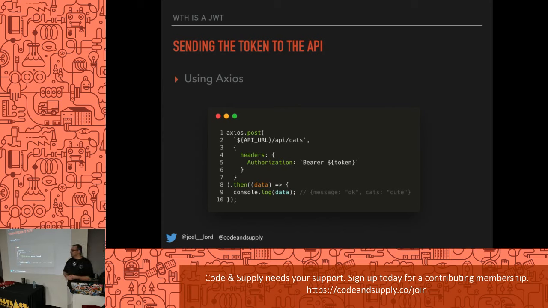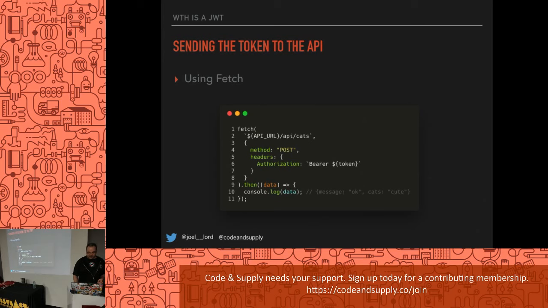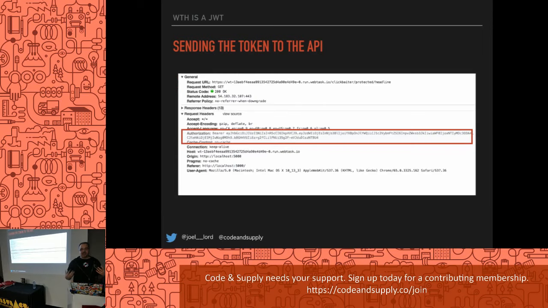It's very, very simple to add to all of your outgoing requests. If you're using the fetch command, which is now part of most browsers, it's pretty much the same thing. You simply add a new header. You say authorization, bearer token, same thing. Basically, it doesn't matter how you're doing your AJAX request. The important part is that you have this authorization header as part of all your outgoing requests on your API.